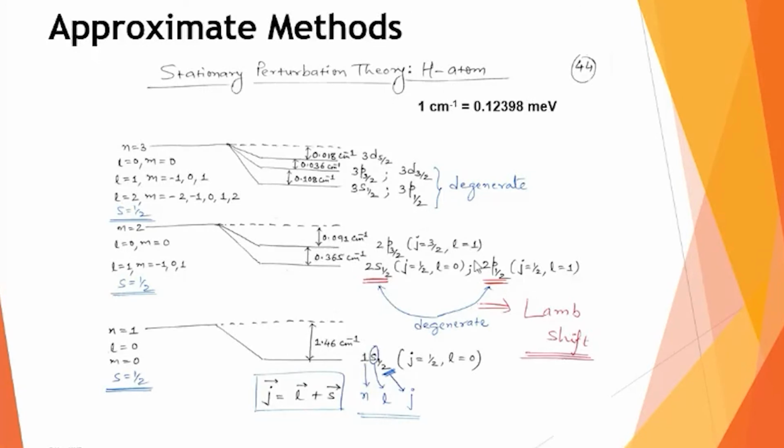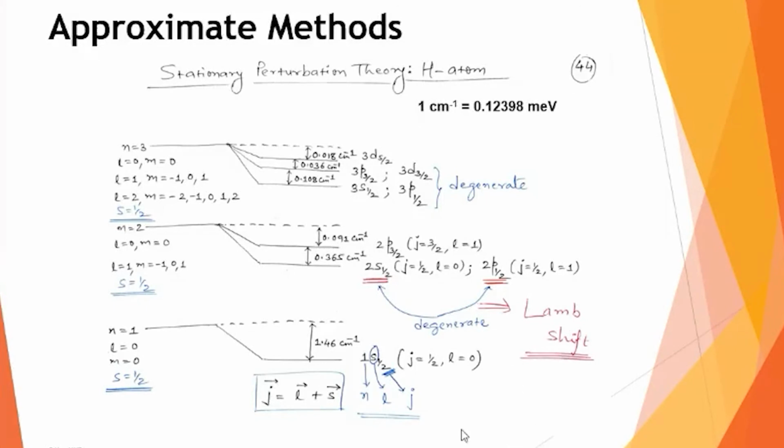So this 1, 2 or 3 indicates the value of the principal quantum number n. These S, P, D, F symbols correspond to the value of L. The value of the angular quantum number L is always denoted by the letters S, P, D, F, G, and so on. S corresponds to L equals 0. P corresponds to L equals 1. D corresponds to L equals 2, and so on.